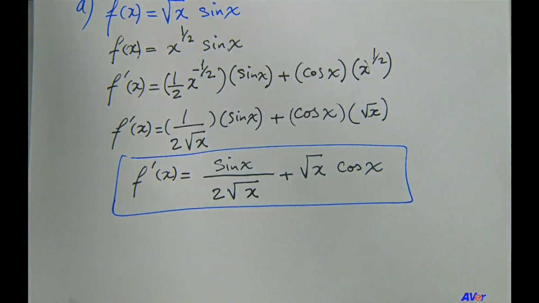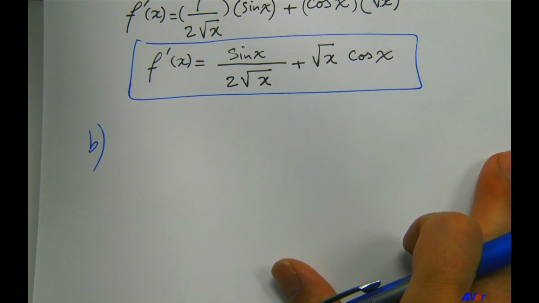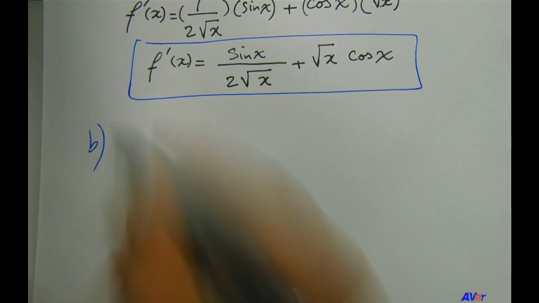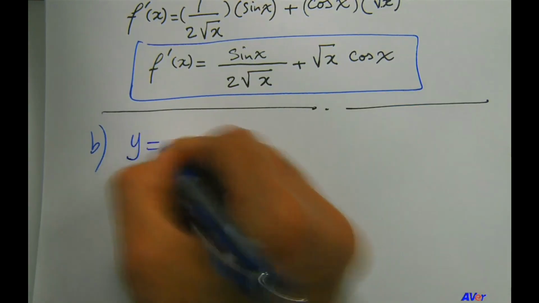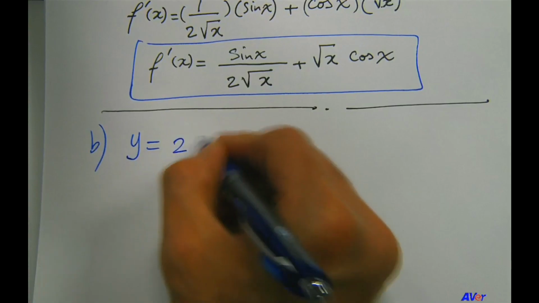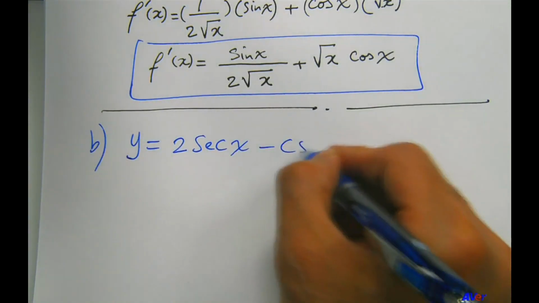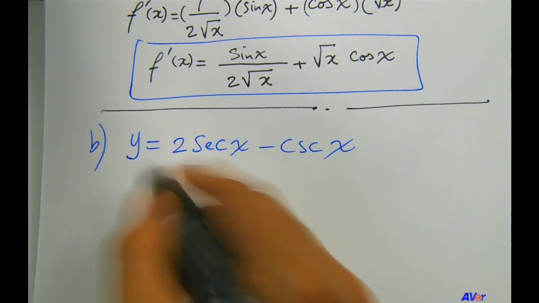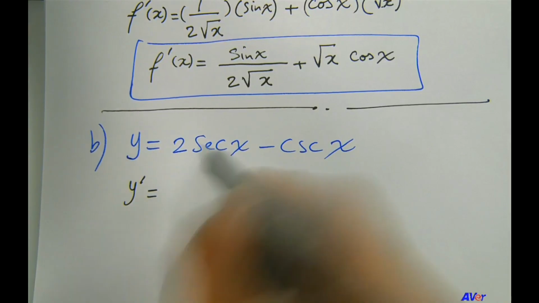Okay, let's do another example on this page. Suppose we wanted to find the derivative of this function, y equals 2 secant of x minus cosecant of x. Okay, so we had y, so now we have y prime.